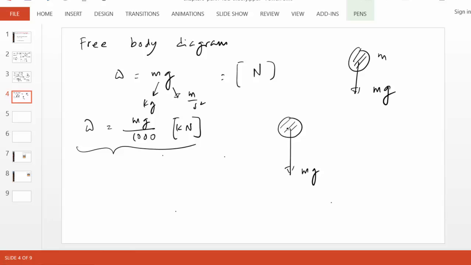So the only way that can happen is if I am pushing it with a force which is exactly equal to mg. In other words, when a body doesn't accelerate, it has to be in force equilibrium. The upward force and downward force must be equal if the only force is the gravitational force. So if I'm holding something, we know Earth is still pulling it with mg.